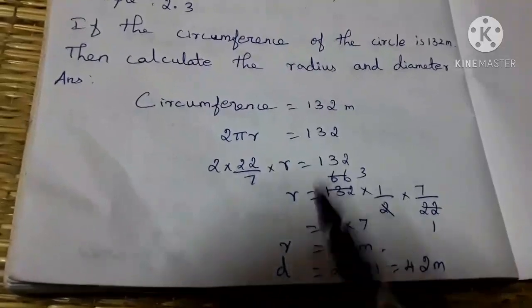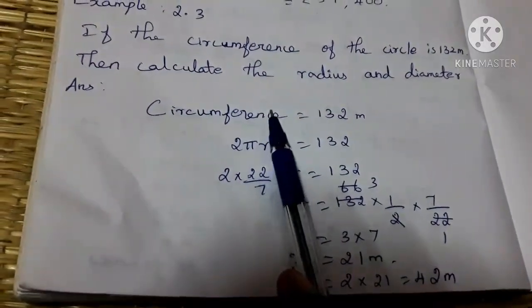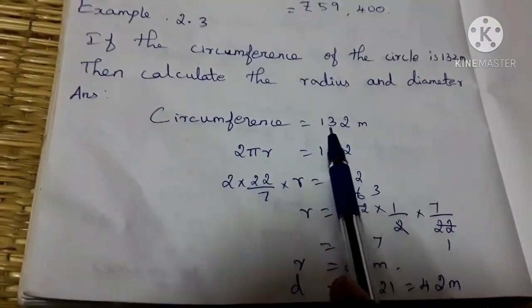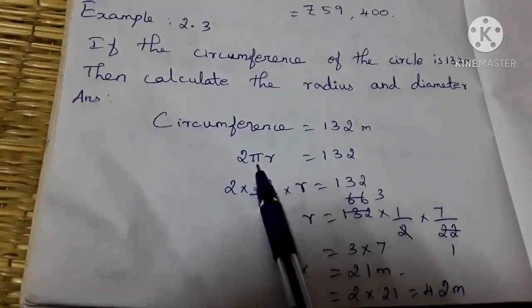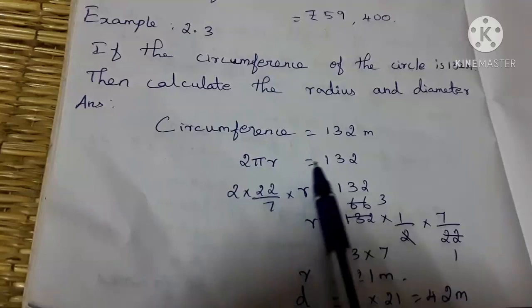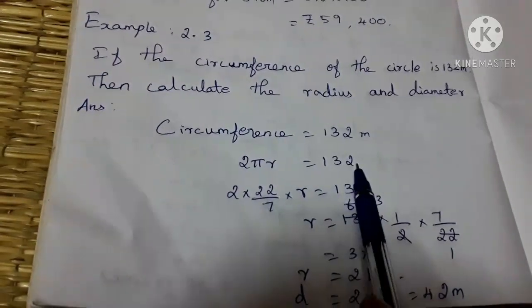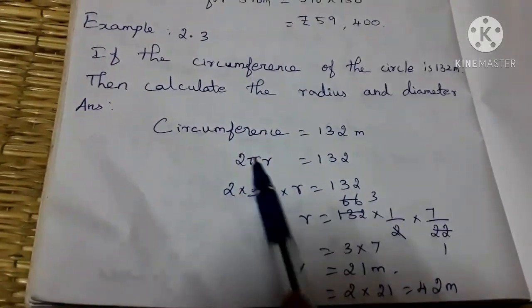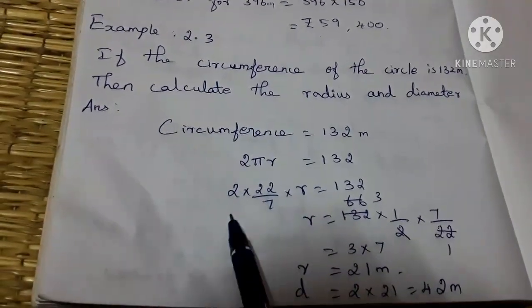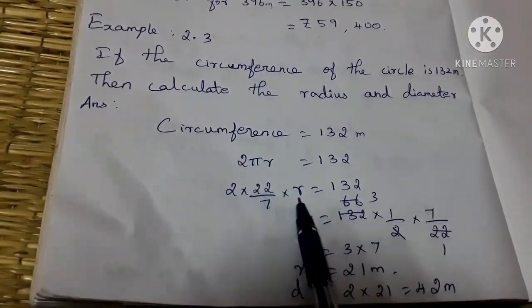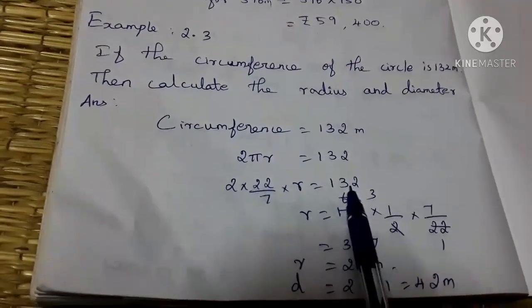The formula 2 pi r is equal to 132. We know the value of 2 pi, but we don't know r. So 2 into 22 by 7 into r is equal to 132.